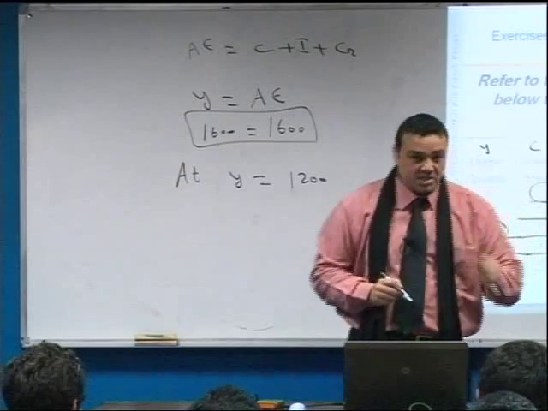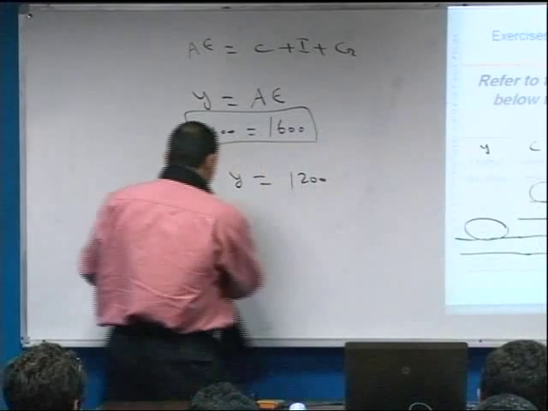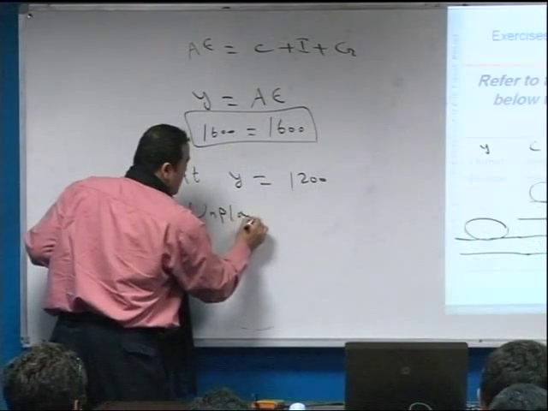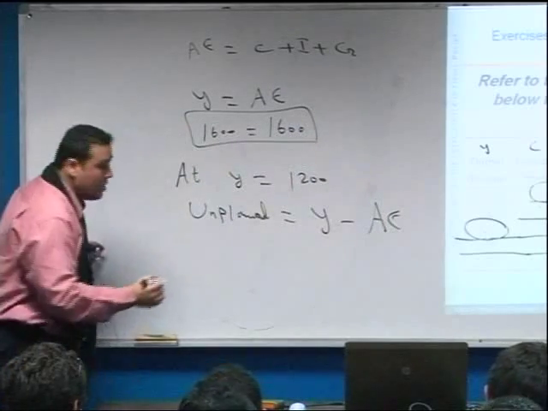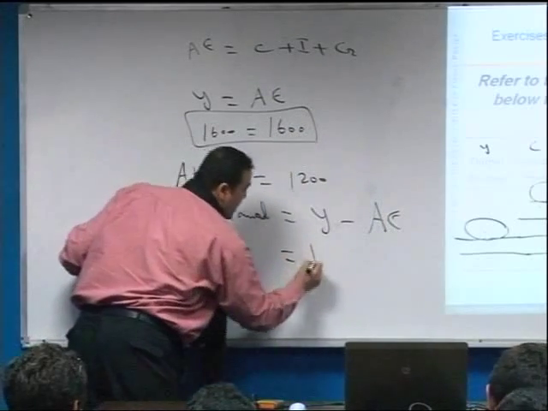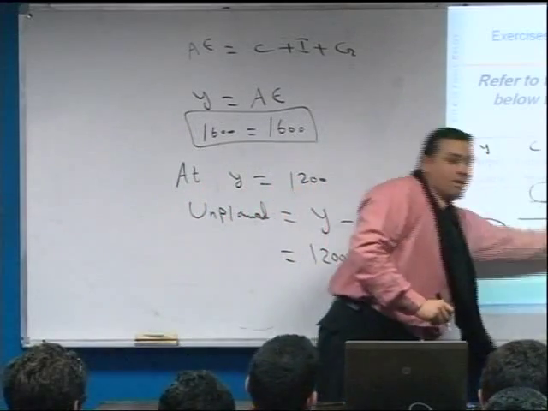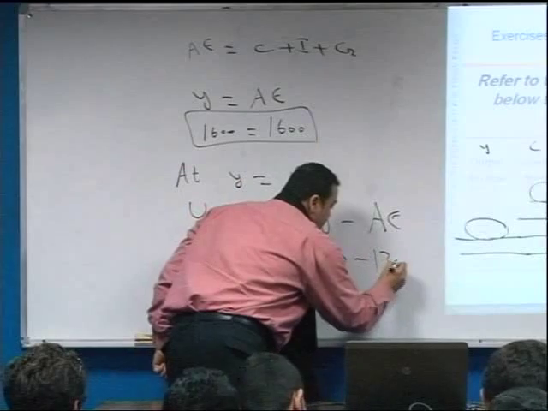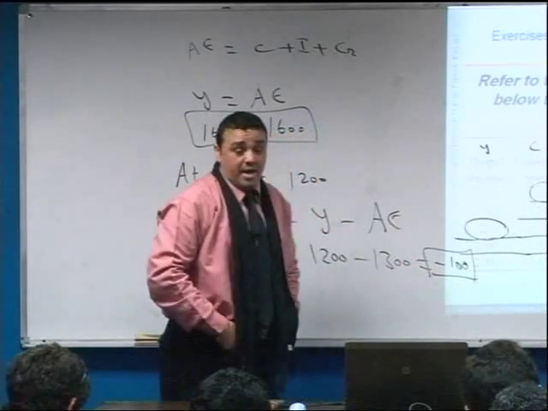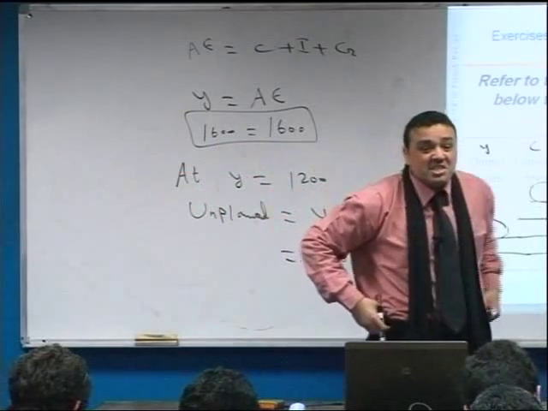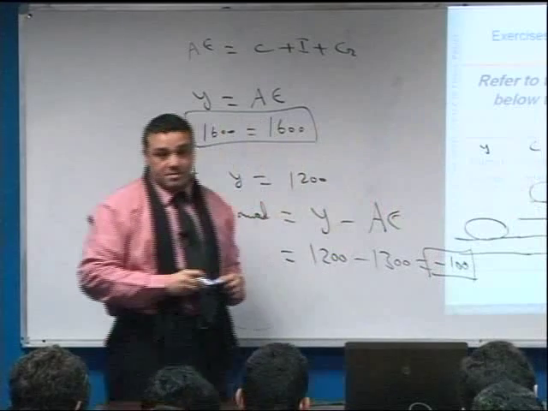The value of the unplanned inventory change equals Y minus aggregate expenditure. So at this point, 1200 minus the aggregate expenditure, in this case 1300, equals minus 100. So the unplanned inventory change would decline by 100, right?